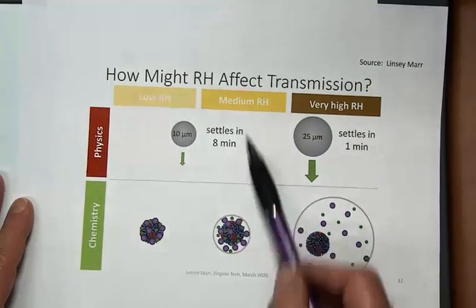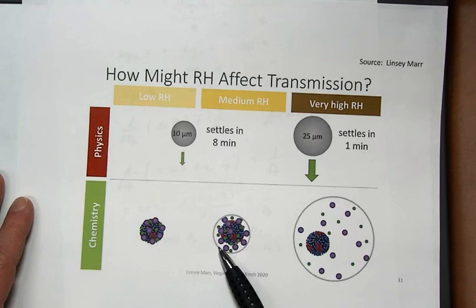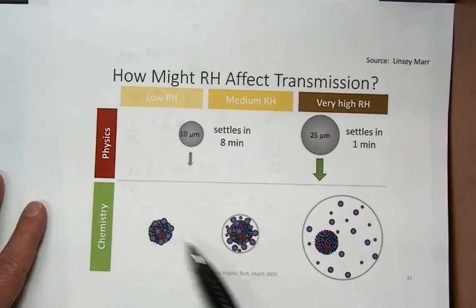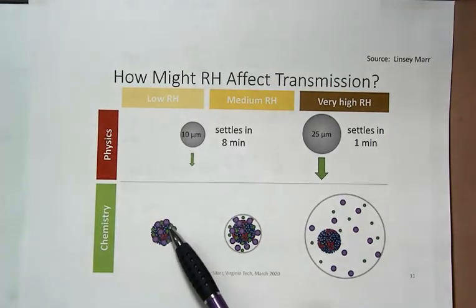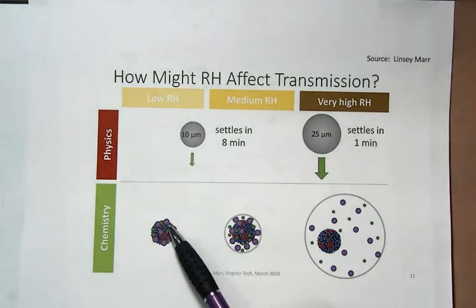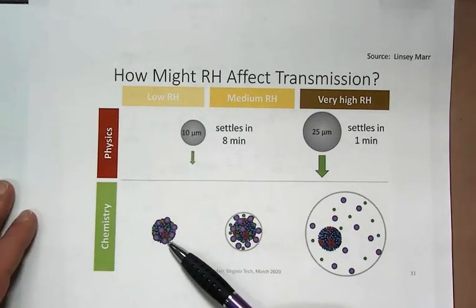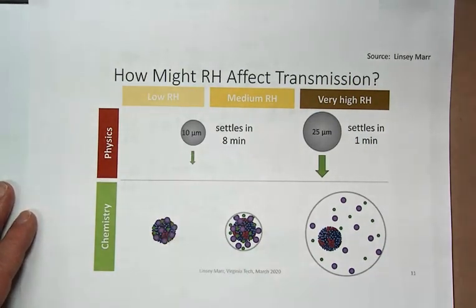Under medium relative humidity, it's going to retain some water, but all the things that can't evaporate would be concentrated. And then if it's very dry, all the water would be thrown off, and I'll be left with just the virus and some other biomolecules that are trapped in that solid phase.